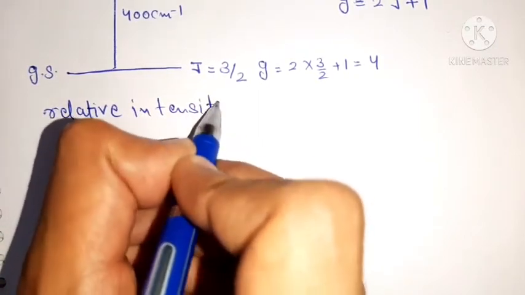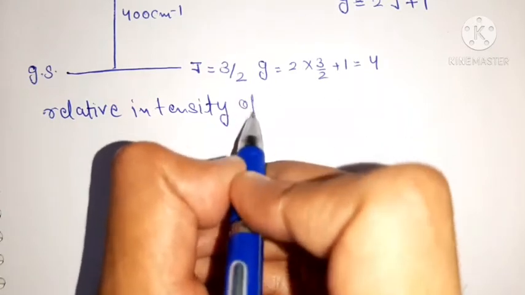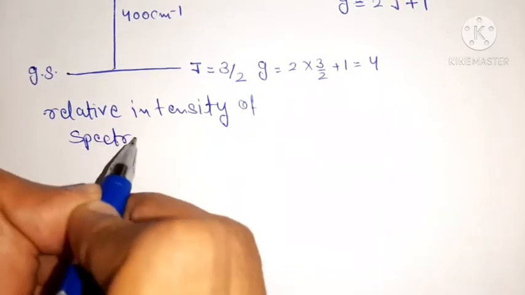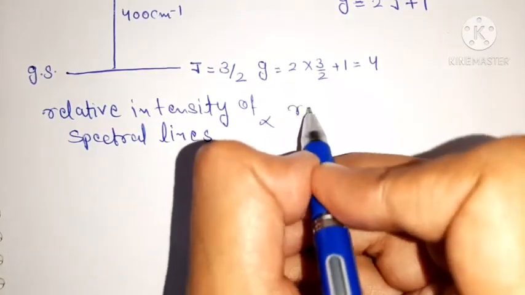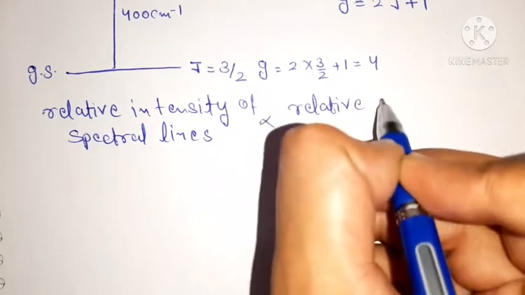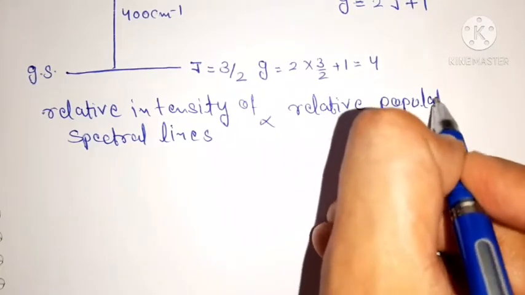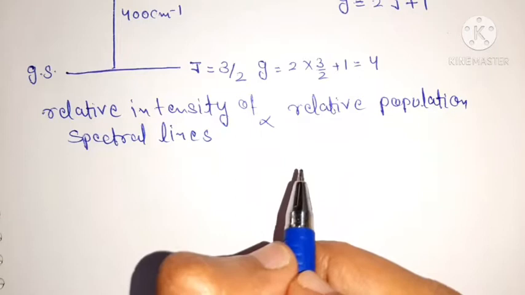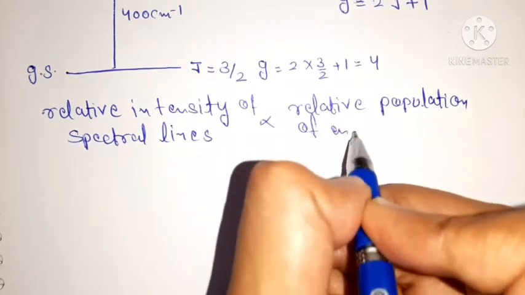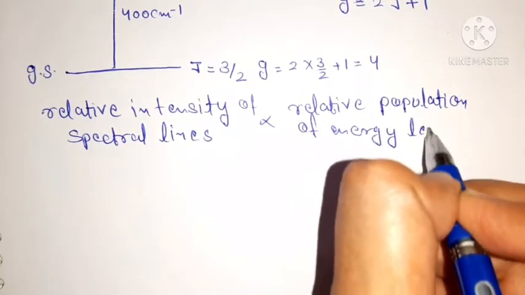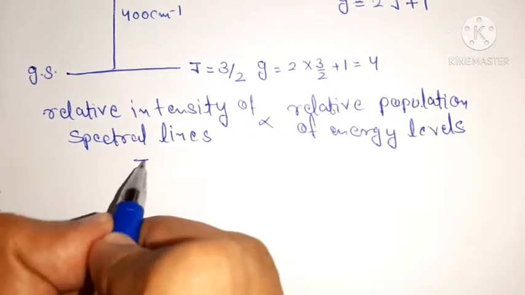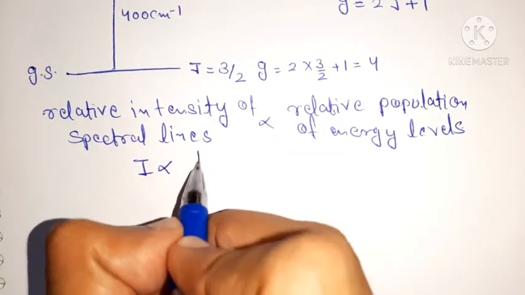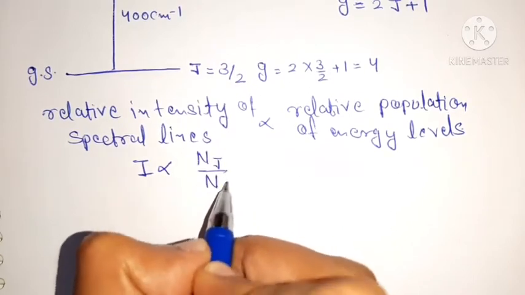It means this is I and this is N_J upon N_0.